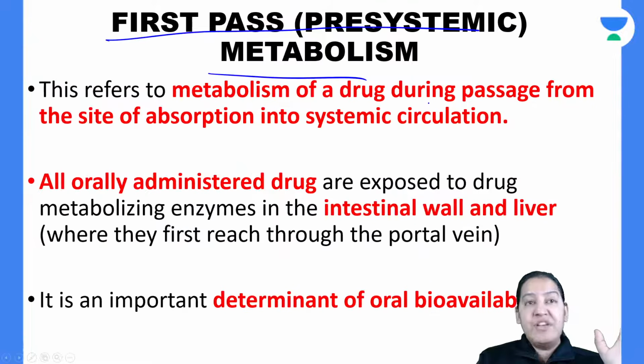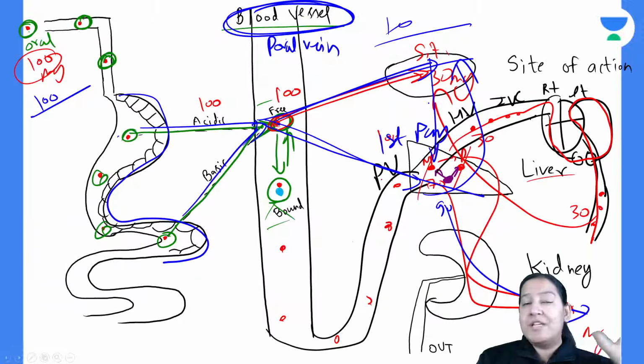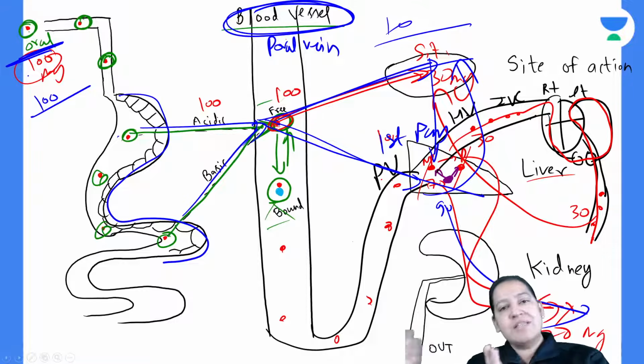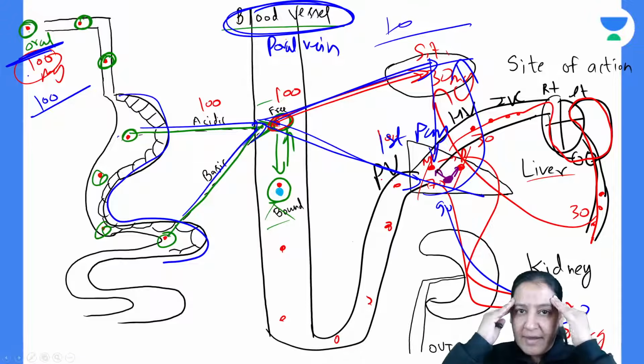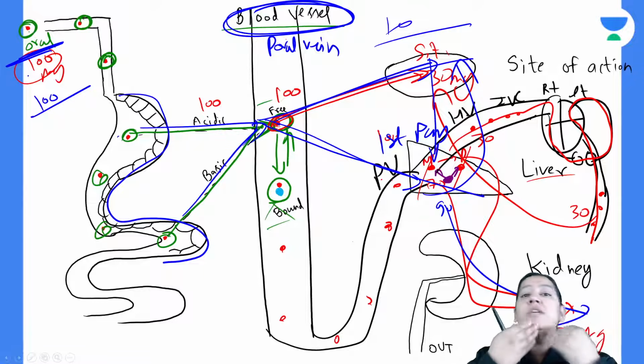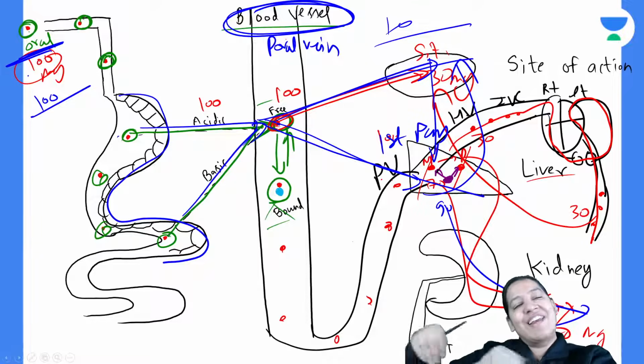So such drugs which have high first pass metabolism, don't give it by oral route. If you give it by oral route, it will liver में वो निपट जाएगी. Only 10% of it will reach. If I'm having a headache, if I'm taking a drug for it, and the drug is having high first pass metabolism, and if I'm taking by mouth, of course it will go in my stomach and intestine, it will absorb in portal vein, and portal vein will carry the drug to the liver.